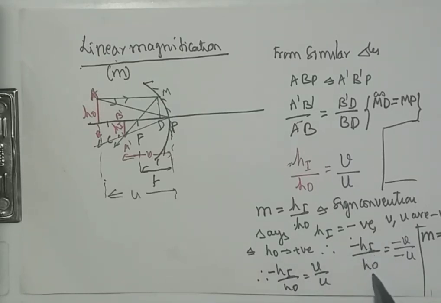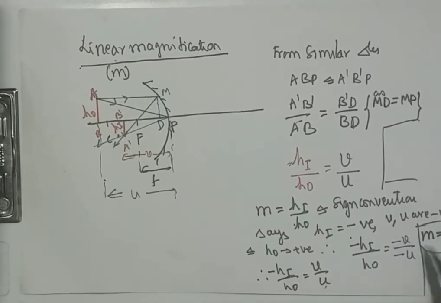Therefore, minus HI by HO is minus V by U, or minus sign cancels, minus HI by HO equals V by U, M equals minus V by U, expression for linear magnification.